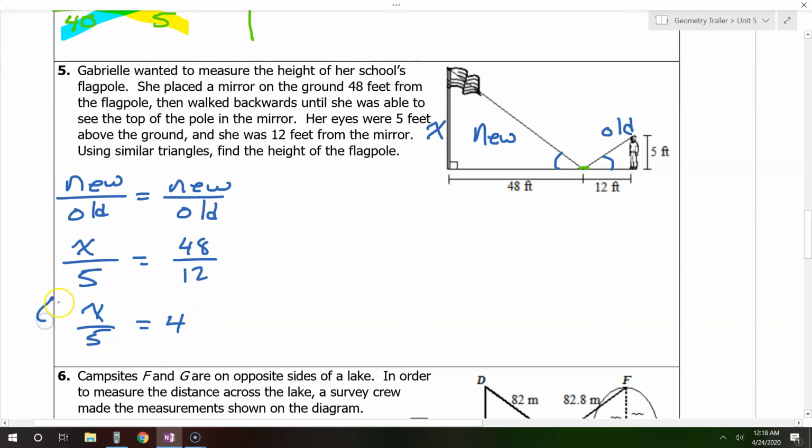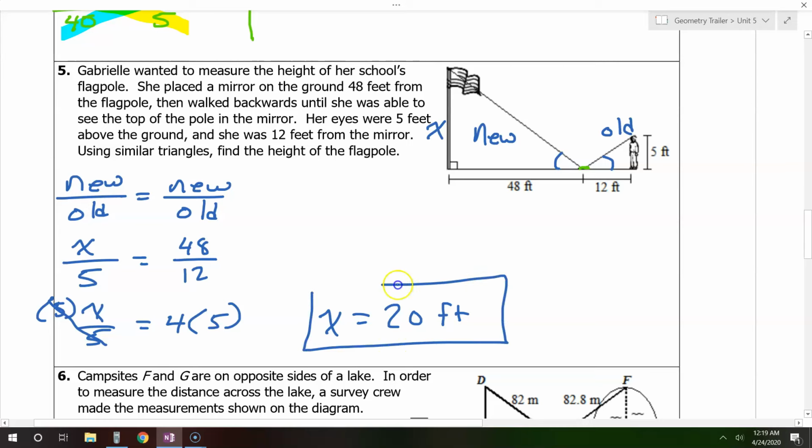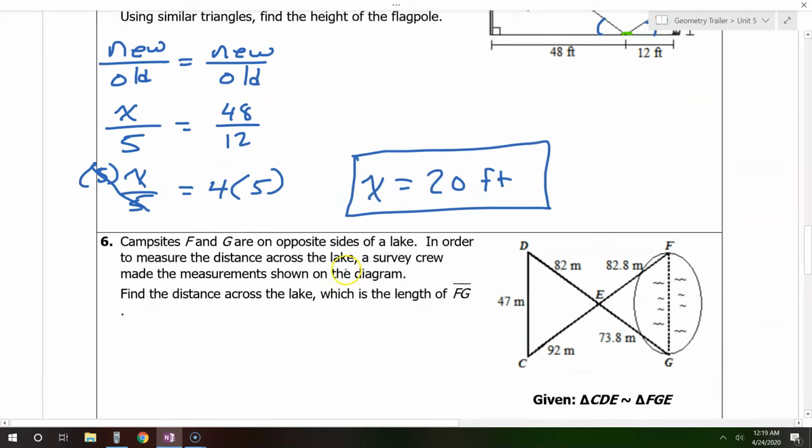We're just going to multiply both sides by 5. I mean, you could put a 1 down here and think of it as cross multiplying if you wanted to, but it's simpler just to think, let's multiply both sides by 5. These cancel out, and x is equal to 20. This is a word problem, so we should use units. The flagpole is 20 feet tall.